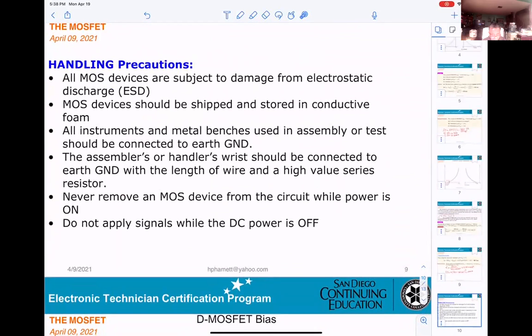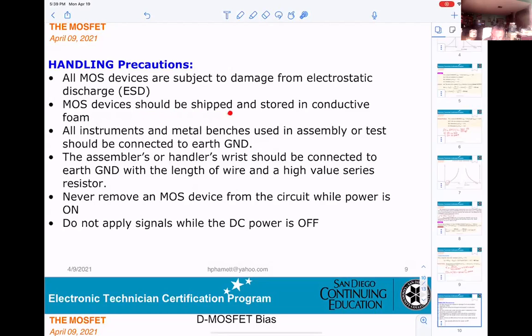Handling precautions. Almost all devices are subject to damage from electrostatic discharge, ESD. Normally when you get a job in a company, the first thing they do is training, that means they train you how to handle the circuit board.